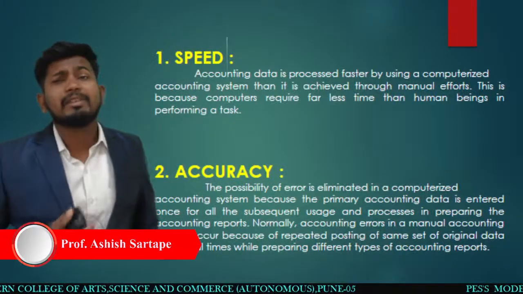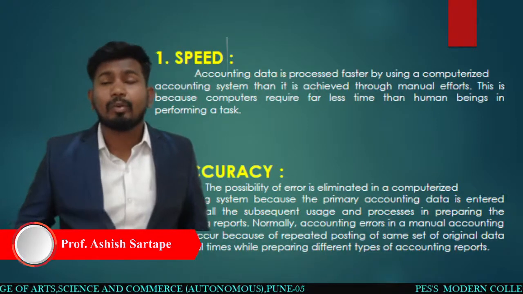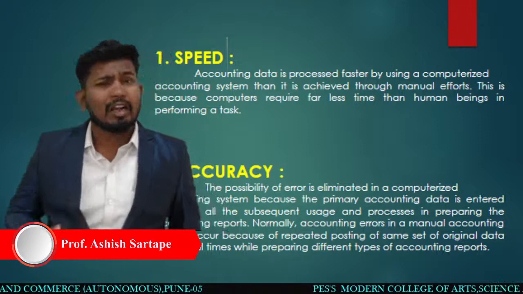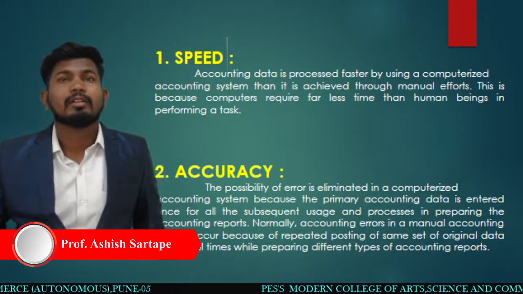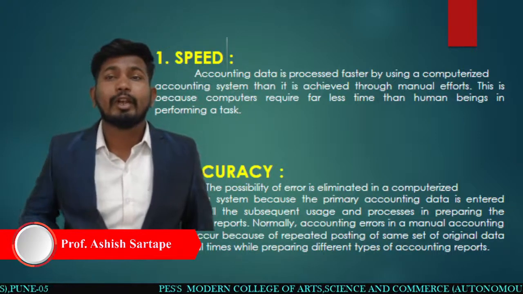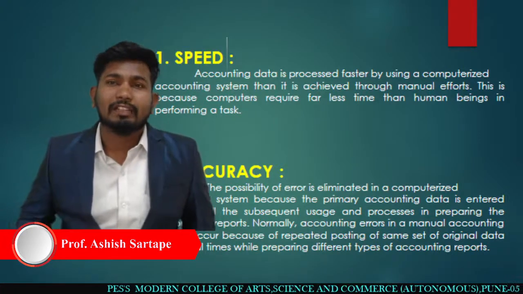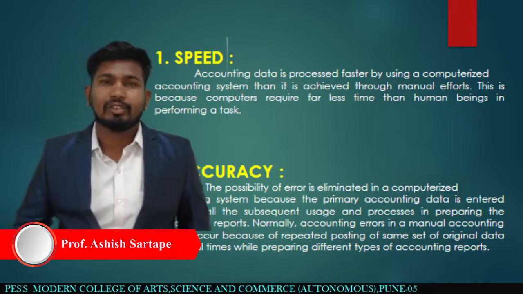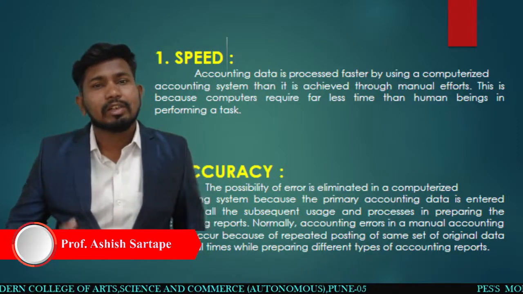If ABC and company recruited two people for the accounting purpose, and one of the persons forgets to write the accounting transaction in the books maintained by the organization, the transaction is lost.